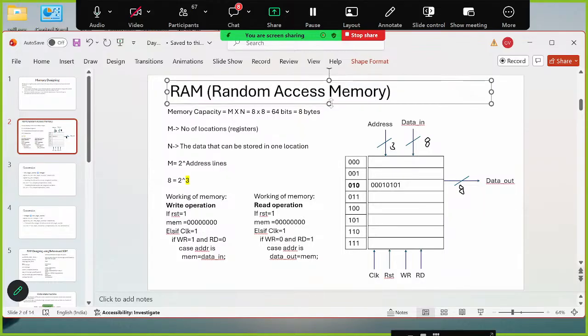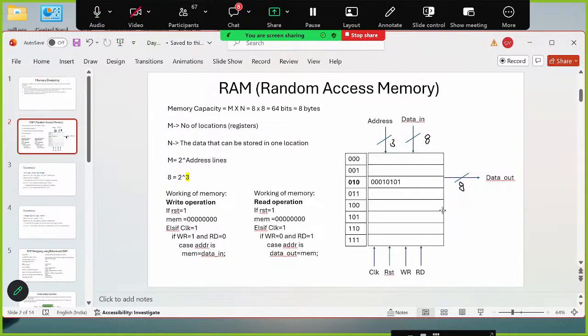So this is the working of a simple random access memory. How it works, what the concept is, how you can create it. So this is the main concept of capacity.